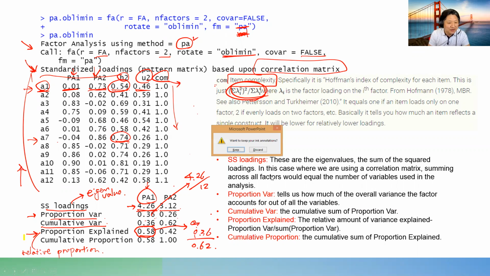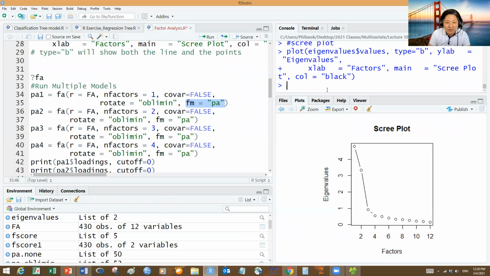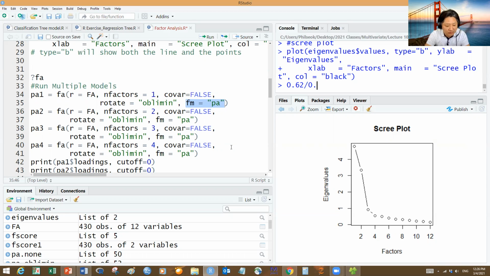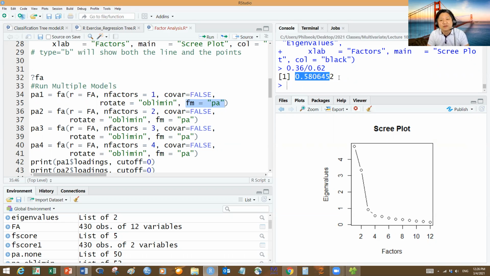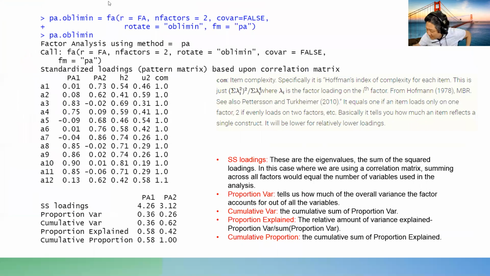Is that correct? 0.36 divided by 0.62, okay, 0.58. So this one divided by this one.